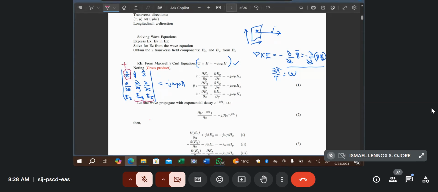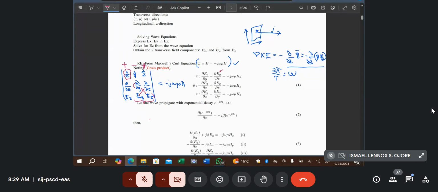Depending on what method you use, we have plus, minus, plus. So if we want to determine the x component, we'll have d over dy of Ez, the leading, minus the lagging, so it's minus d over dz of Ey. So that's what we have here.